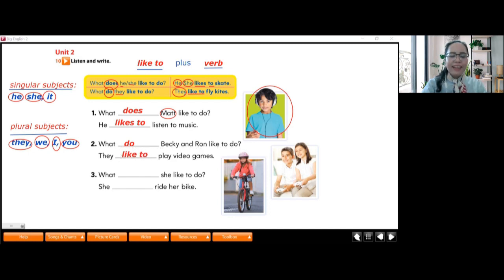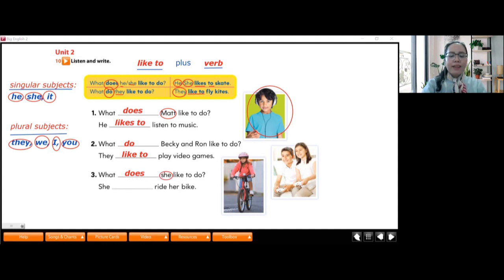You're good, yeah? Number 3, what blank she like to do? Okay, here we see that the subject is singular, so the verb that we are going to use, does or do? All right, does, like number 1.